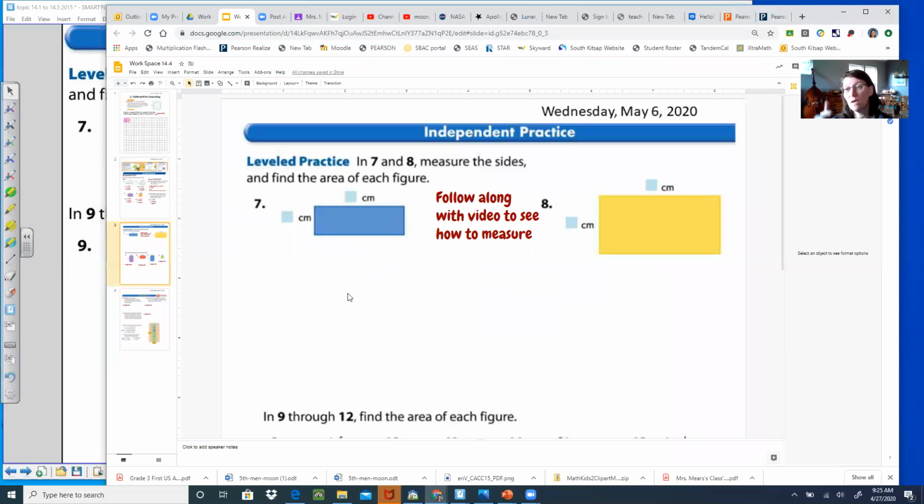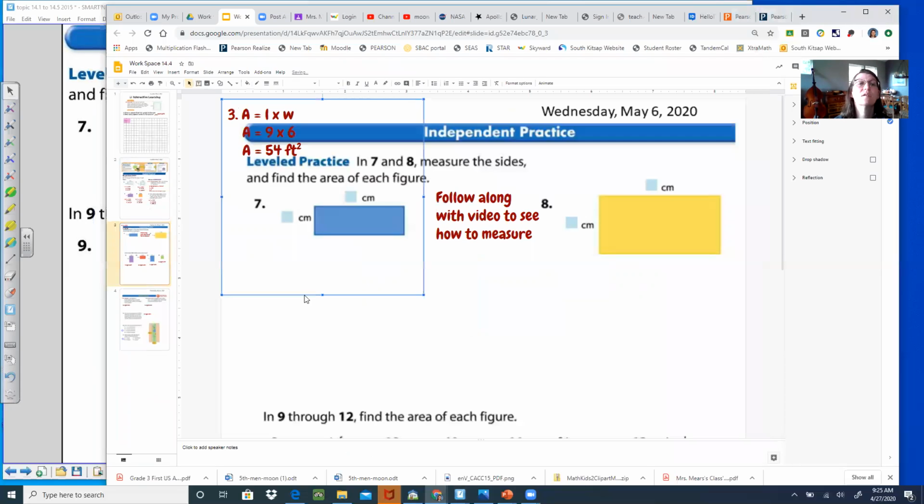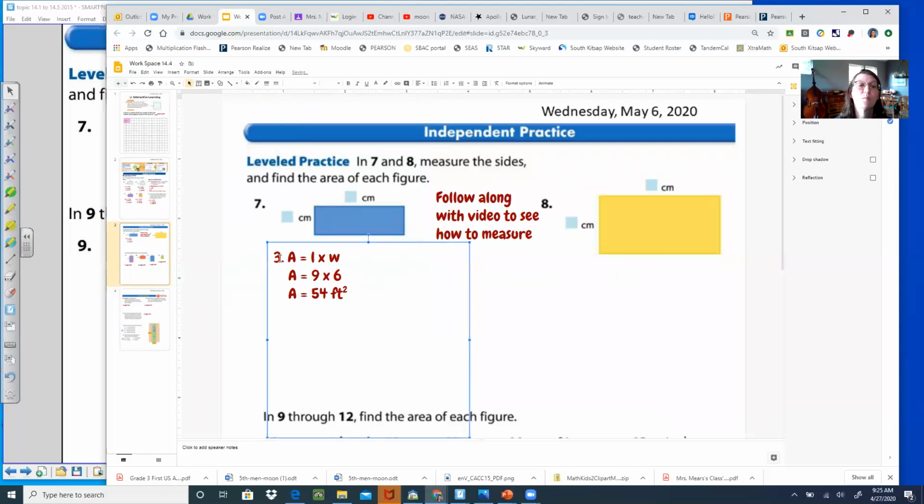So we are going to make the assumption that this was supposed to be a 4 by 1. So I'm going to do a Control V. Bring that down here. So this is number 7. It was 4 long and 1 wide. And 4 times 1 is 4. And it's not feet, it's centimeters.